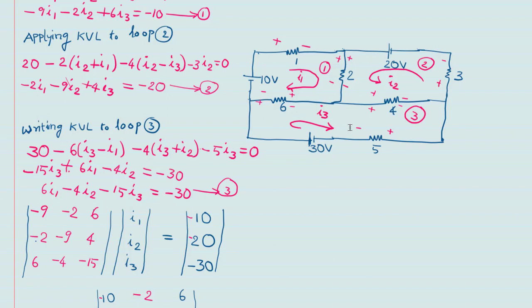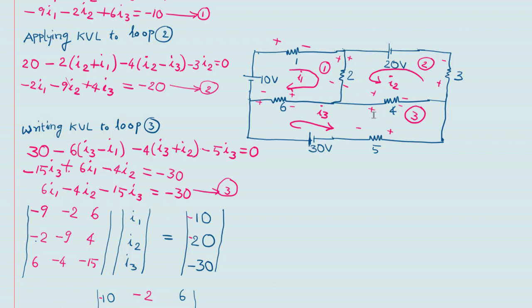Similarly for loop 3, this is the assumed direction of loop 3. We start at some point, say at the 6 ohm resistor. I3 enters the 6 ohms here, so we call this the positive terminal, and it leaves the 6 ohm resistor here, so this we call the negative terminal. Next, I3 flows through this 4 ohm resistor.